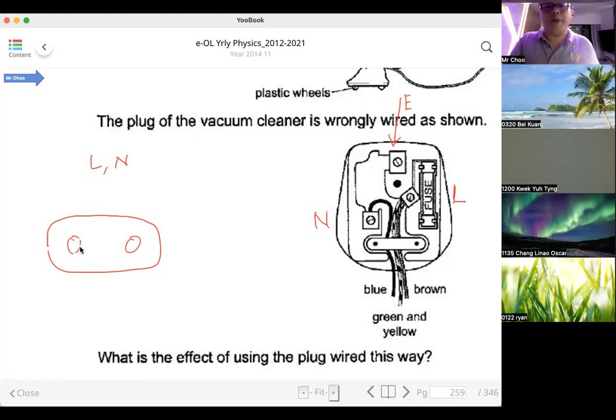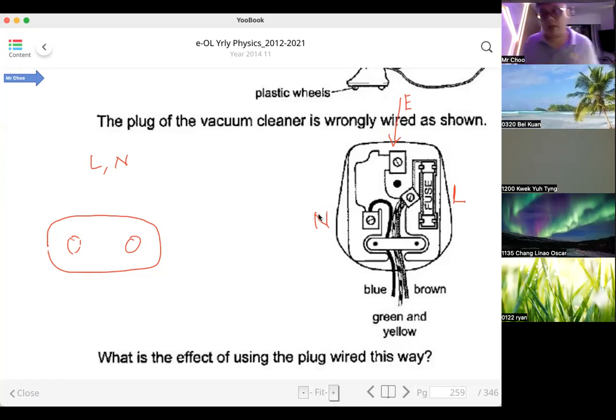So the 2-pin plug has no earth. You can imagine how the 2-pin plug looks like, right? The one on top that is missing will be the earth pin. The pin that is connected to the fuse will always be live, and the neutral is the last remaining one.